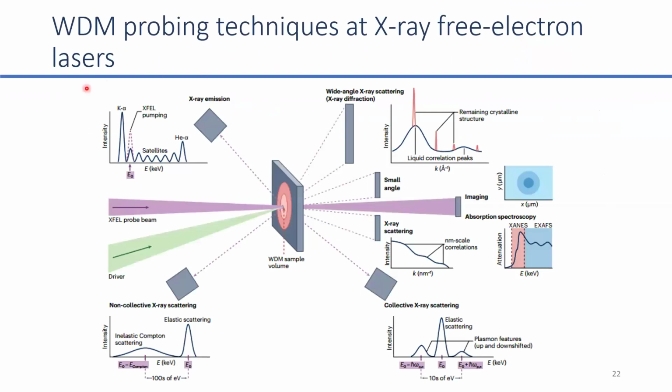The warm dense matter can be probed at the free electron X-ray lasers by using different methods. We have the pump and probe methods, and we have small angle and wide angle imaging.